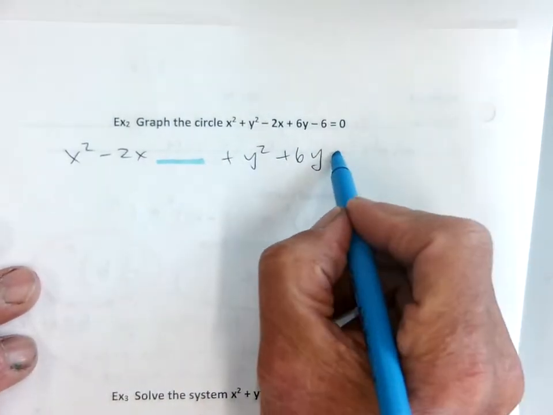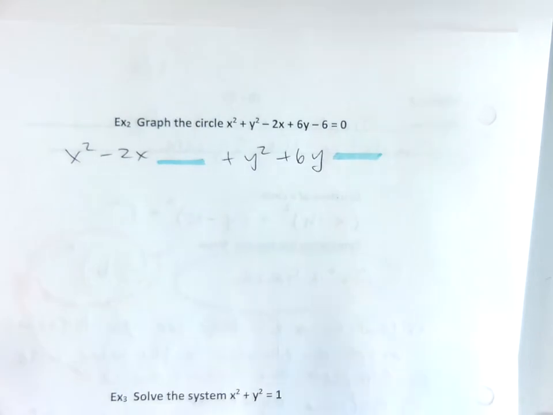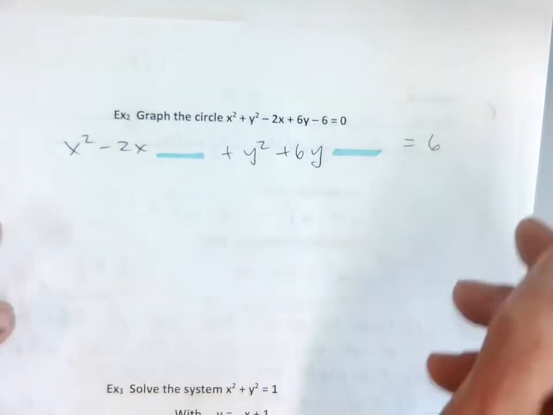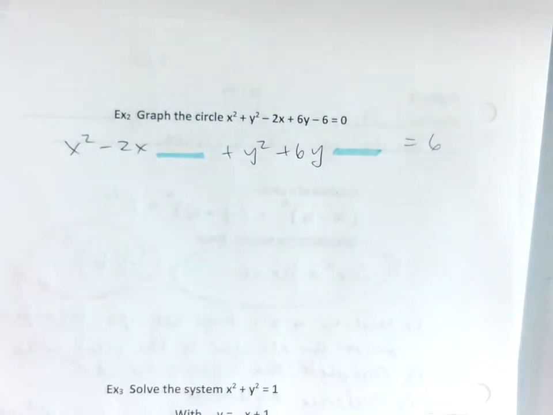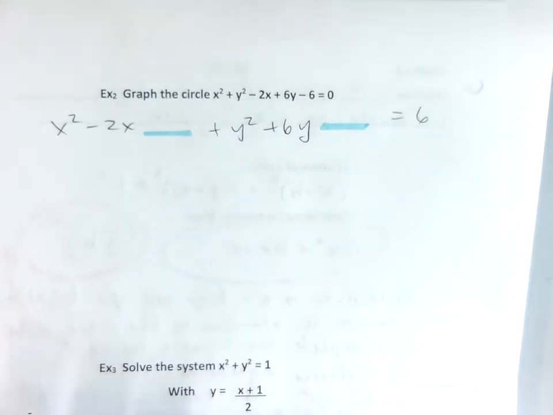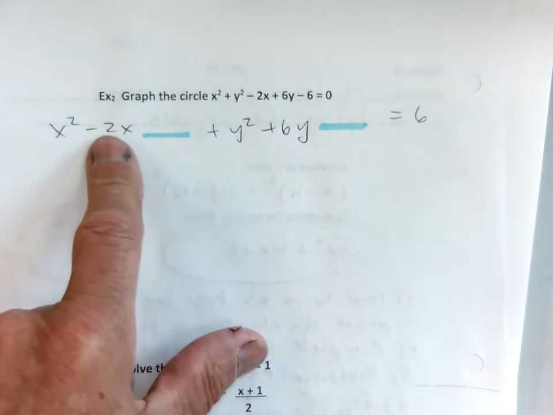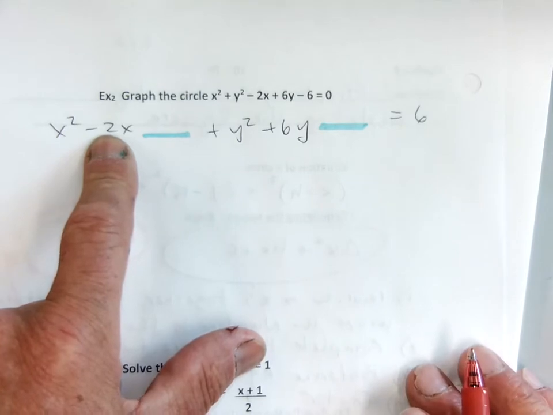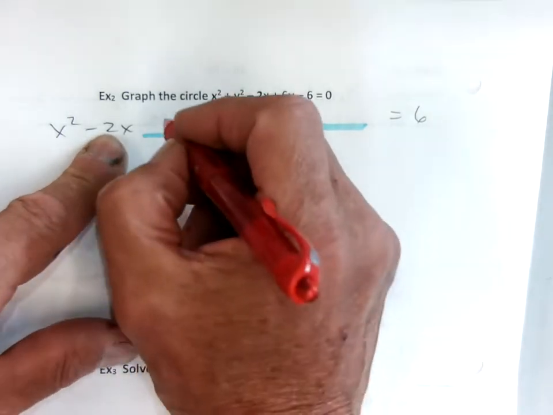I like to leave a little space, and it's going to equal positive 6. All right, let's complete the square. Half of 2 is 1, 1 squared is 1. So we go plus 1.